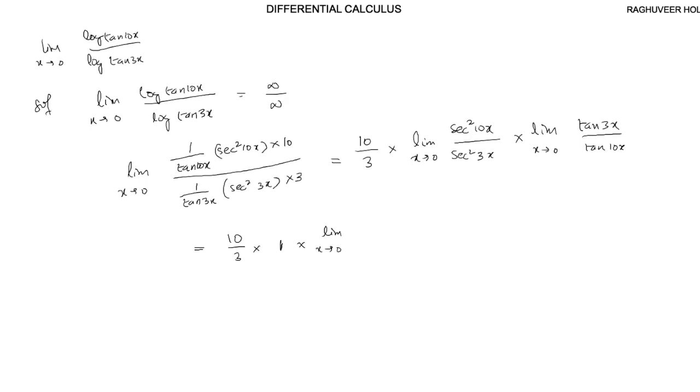Now as you put x is equal to 0, this part is fine, so we get 1. But we are not okay with tan 0 when you put x is equal to 0.